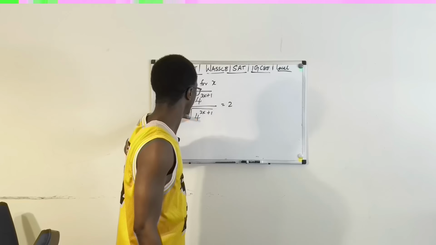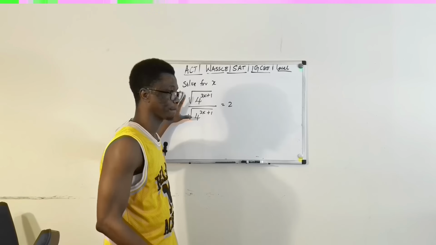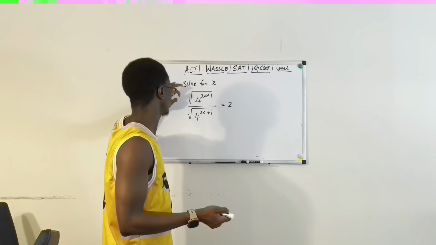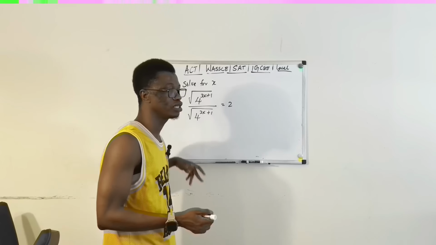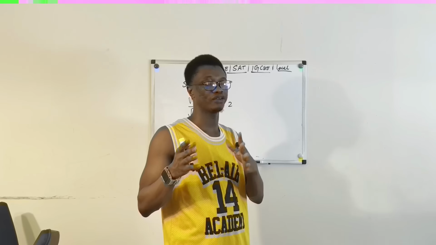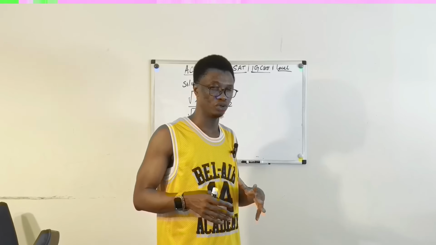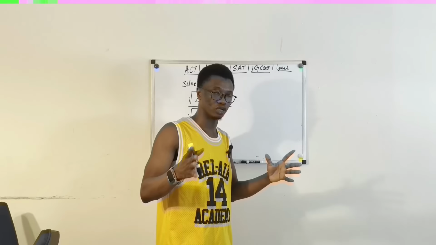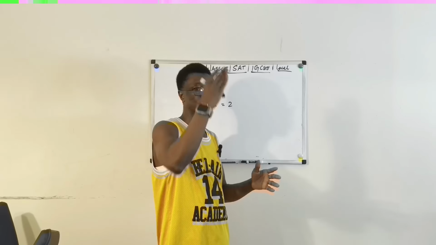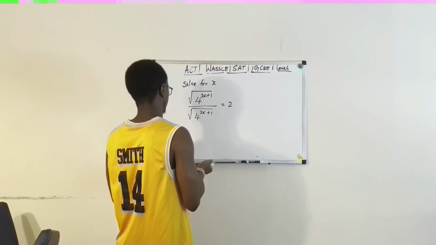Okay. Now, the first thing you should be able to identify here is realizing that this has a square root, this has a square root. Since the numerator and the denominator do have square root, we just put them together and give them one square root, okay? Because that is common.